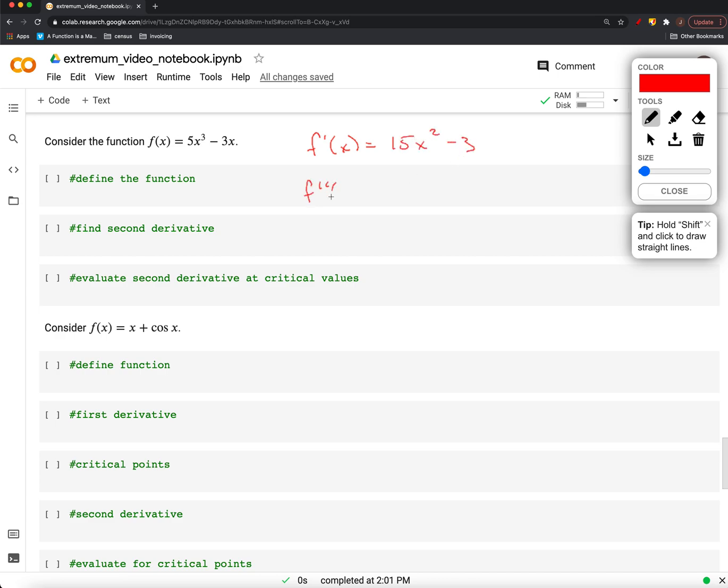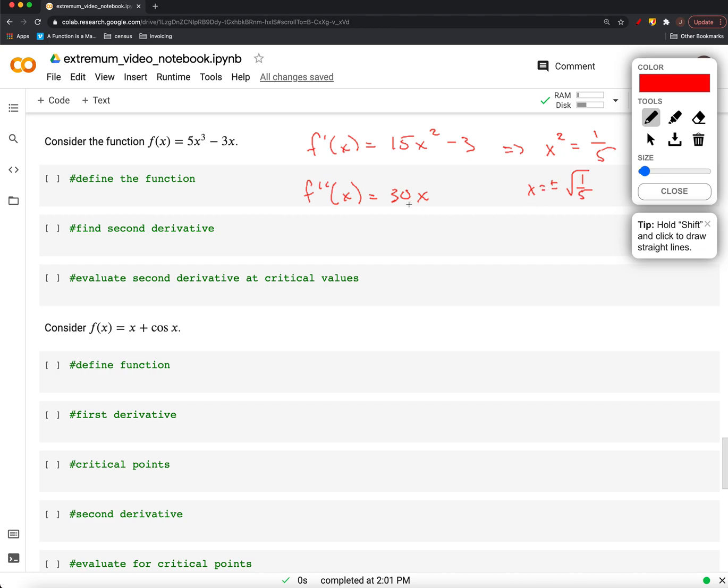The second derivative is 30x. If we set the first derivative equal to 0, we would add 3 and divide by 15. Again, we get that x squared equals 3 over 15, or 1 over 5. So x is plus or minus the square root of 1 over 5.